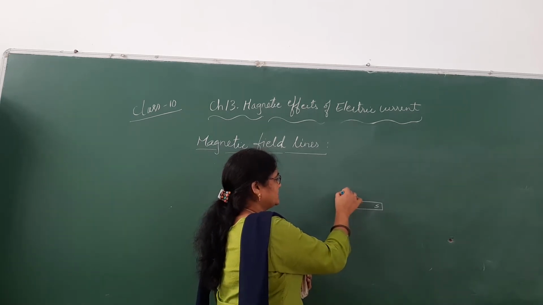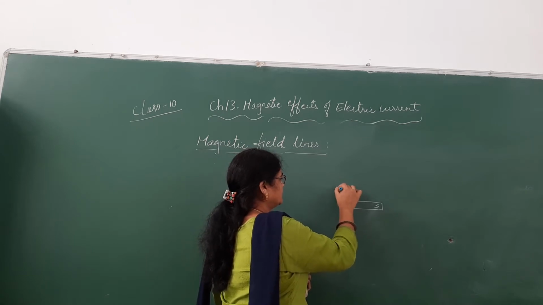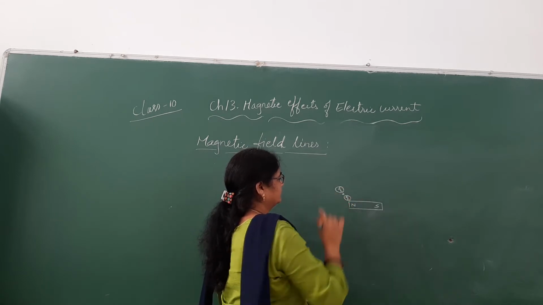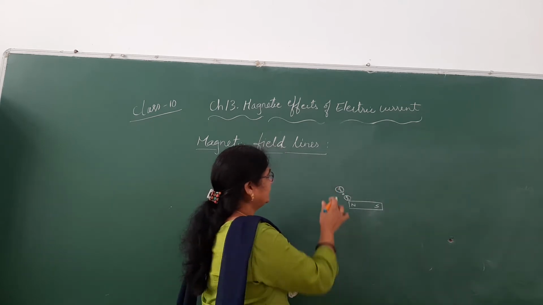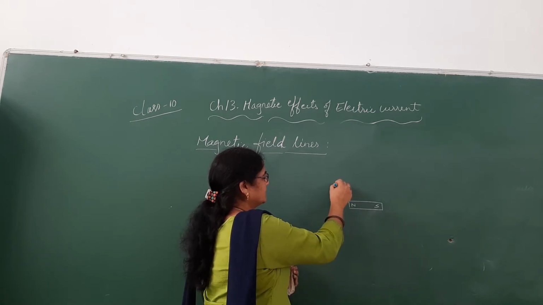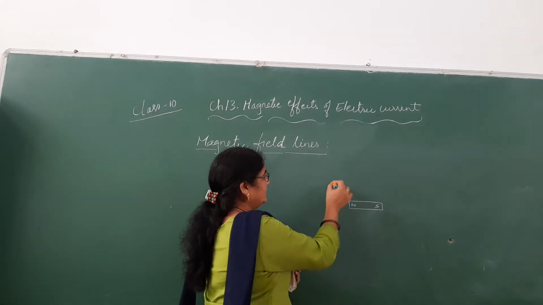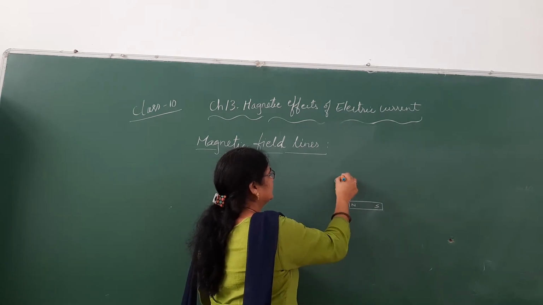And again, to this dot coincide the south pole of this magnetic needle. Again the north arrowhead will show. So take this arrowhead dot again. Again put the needle. So we get like this.